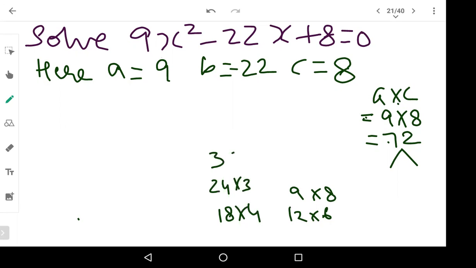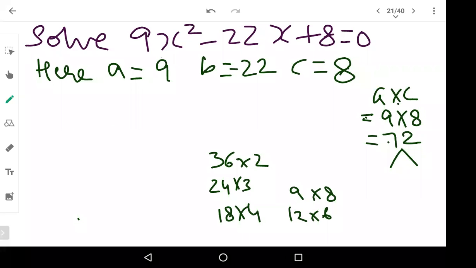Then 36 into 2 is also 72. Now I will teach you one more way of finding the factors.